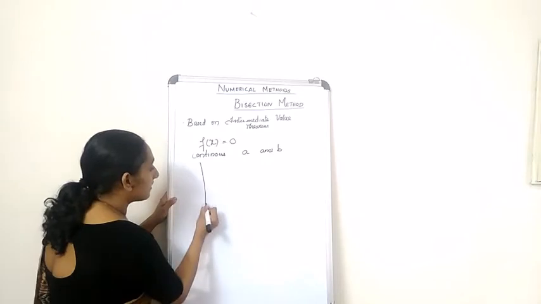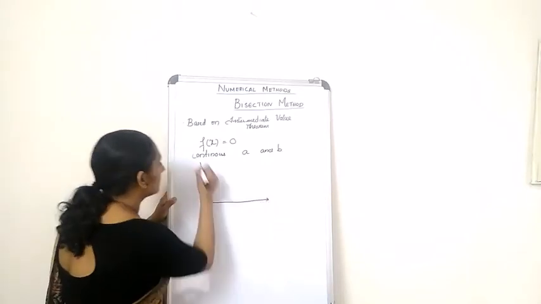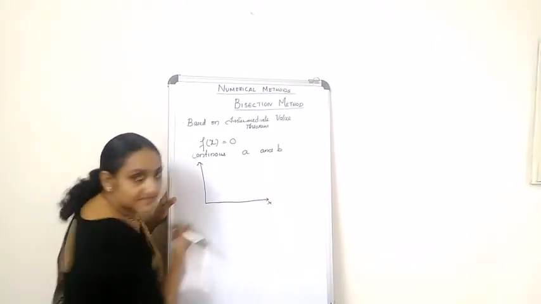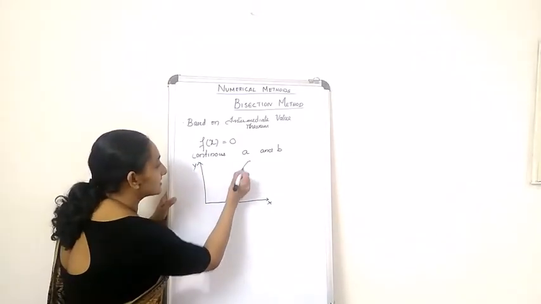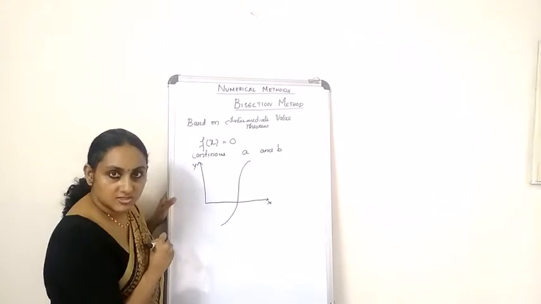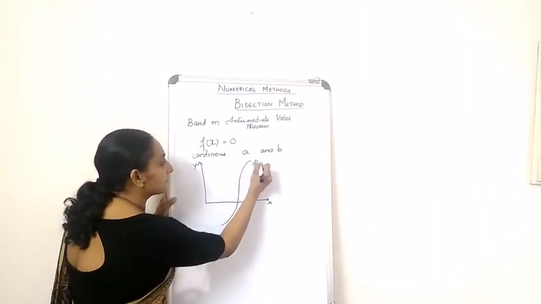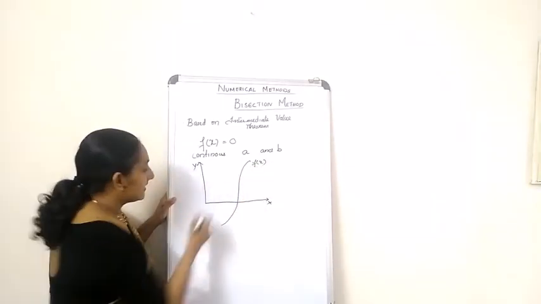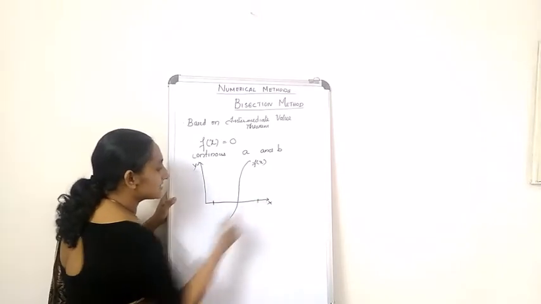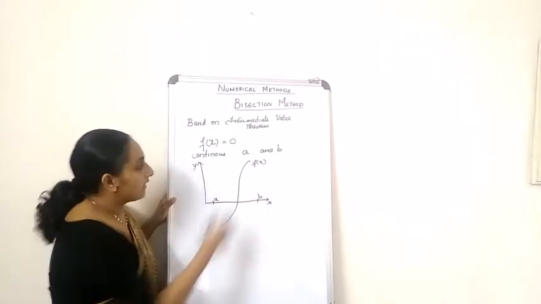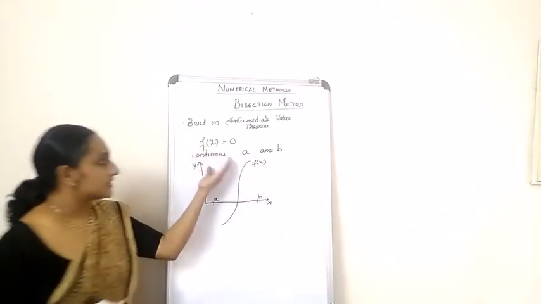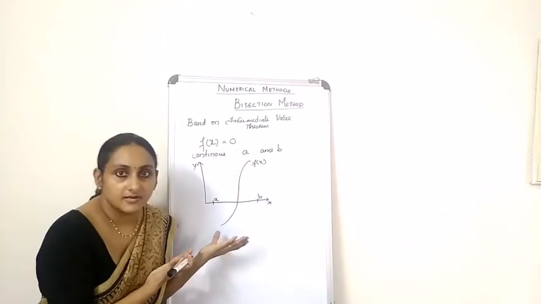Now I'm going to draw a graph where this is the x-axis, this is the y-axis, and let this be a function f of x. Okay, now there are 2 points A and B. Now as I said, what I have written over here, that's only I have drawn over here.